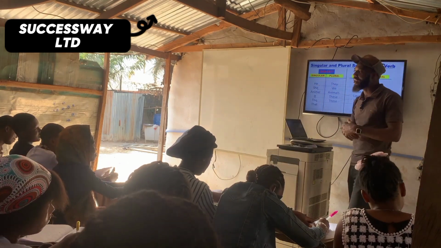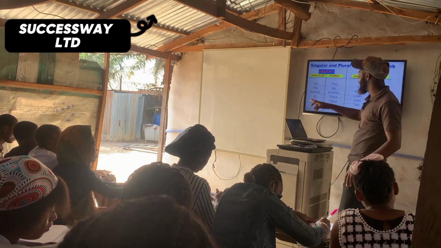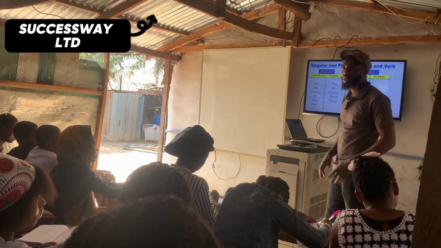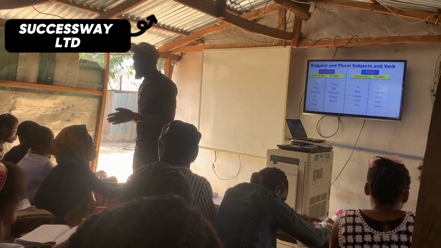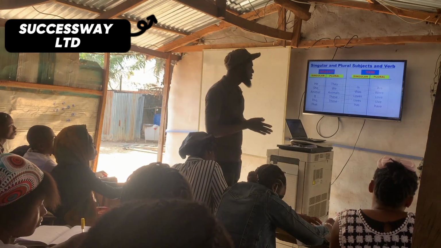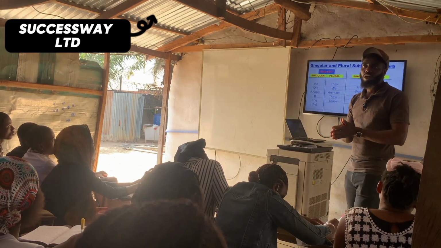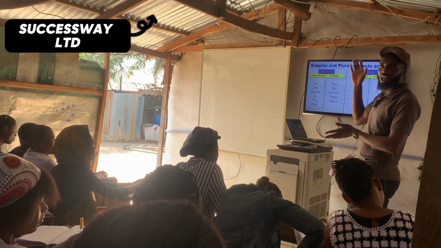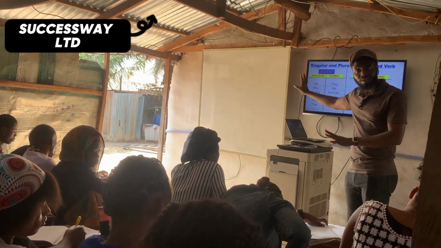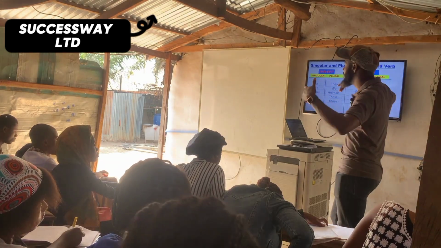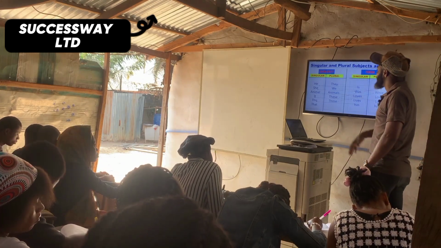All right, so we have our singular and plural subjects. Here we have he, she, animal, it, this, that. That's singular. A singular subject can either be a noun or pronoun, a noun clause, or phrase in a sentence, as already elucidated, that is explained, in our preceding slides.